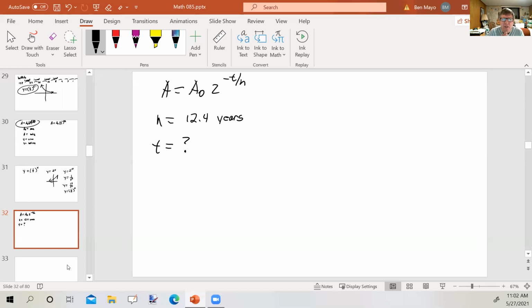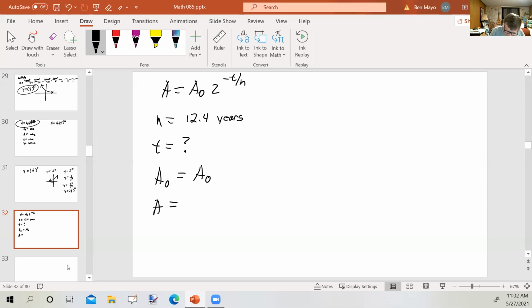All right, so they haven't told us how much we've got. We're going to start out with some amount we're going to call a sub 0, okay? They do tell us how long it will take for 25% of the sample to decompose. Well, we're starting with a sub 0, and 25% of that is going to go away.